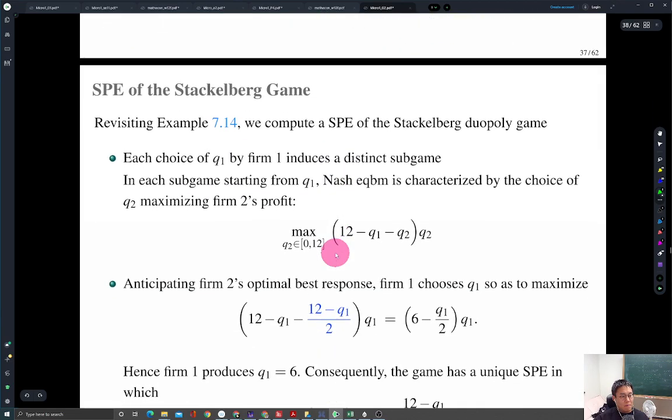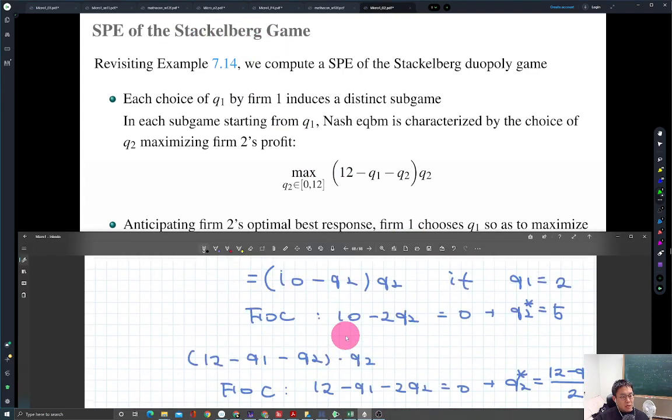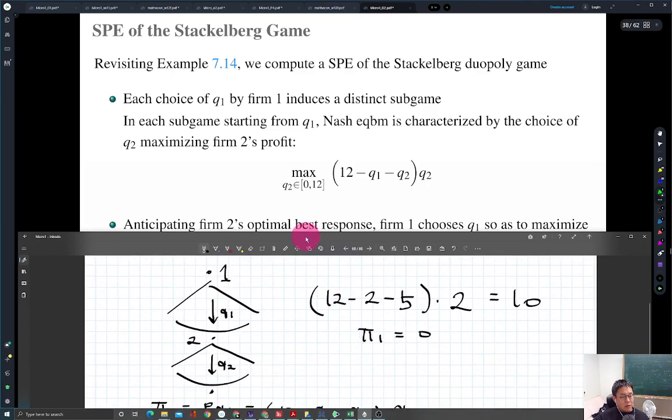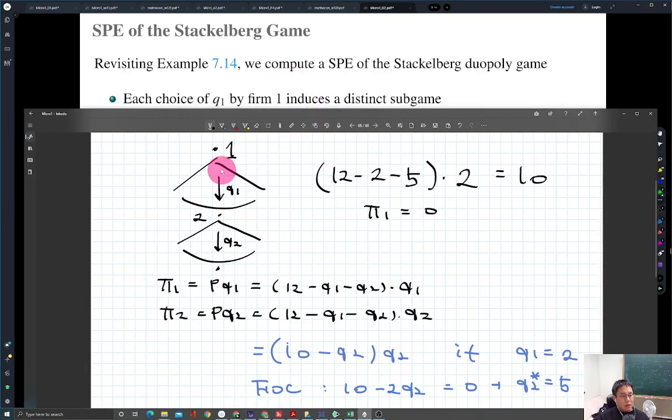Now let me show you one more example using the previous Stackelberg duopoly game. This was the extensive form representation of this Stackelberg duopoly, and notice that for each choice of Q1 we have a corresponding subgame.